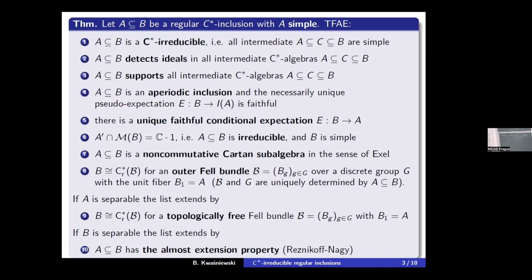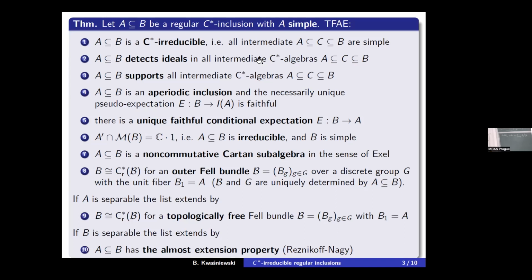But if your C-star algebra A is simple, this inverse semigroup has to be a group, and that is why I get this nice description. But if A is not simple, then this is different. Yeah. But the simplicity of A here implies a lot. Okay. And regularity as well.